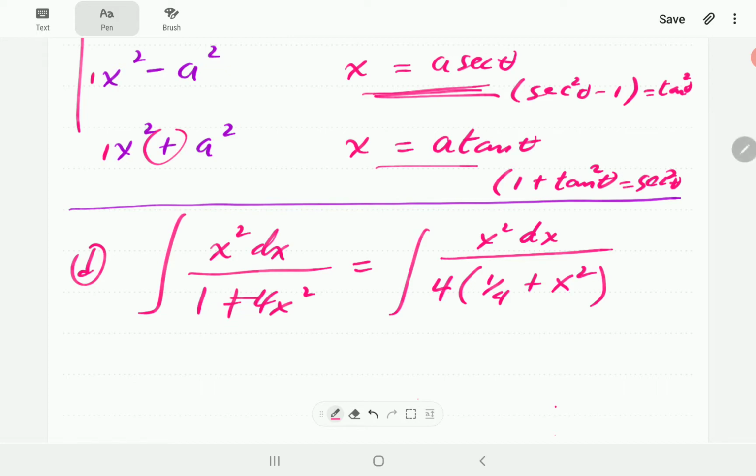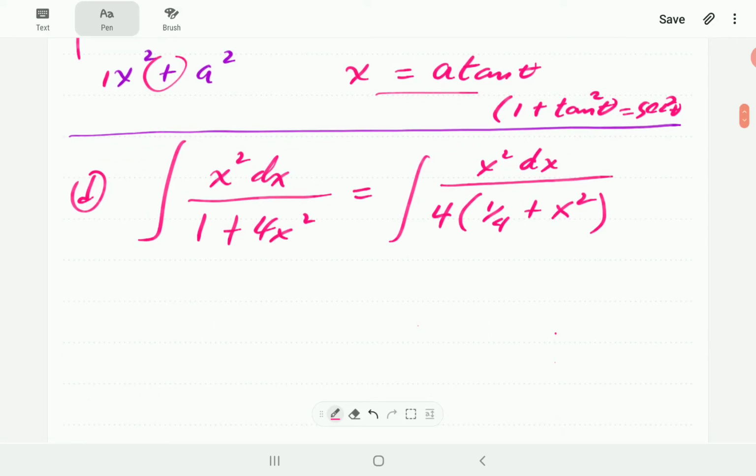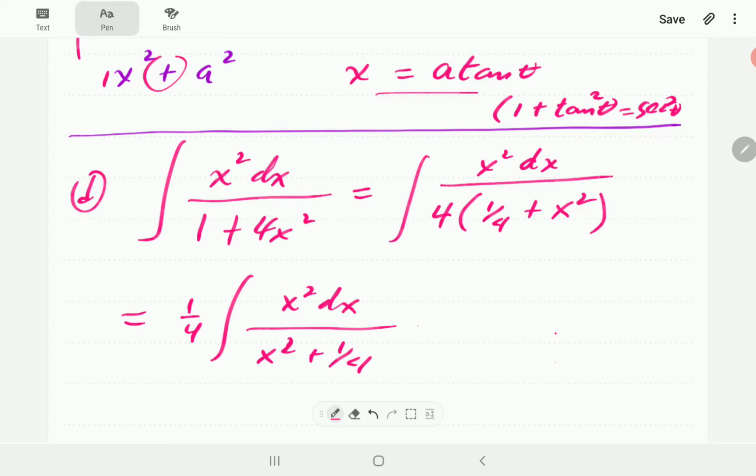However, since this is a plus, this quadratic is not factorable, so that approach wouldn't be fruitful. Okay, so this is now going to be x squared over x squared plus 1 over 4.